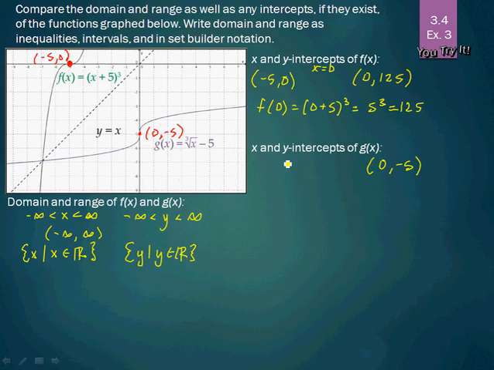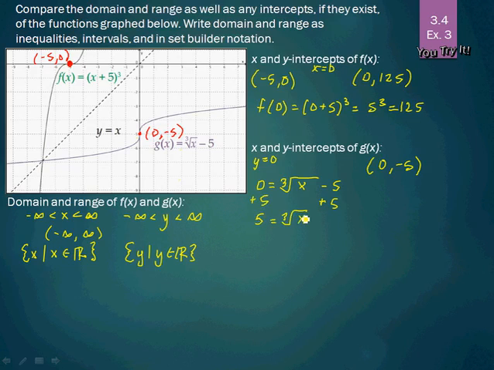And then for the x-intercept of g of x, we know that y will equal 0. So we plug in 0 for g of x into our equation. We have 0 equals the cube root of x minus 5. To solve for x, we add 5 to both sides, so 0 plus 5 is 5 equals the cube root of x.